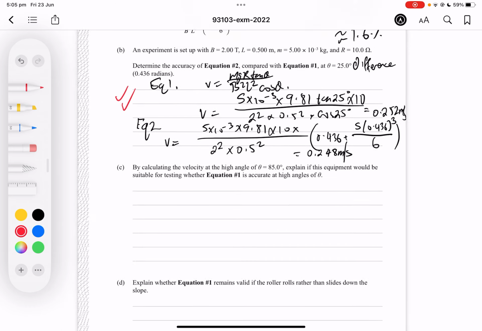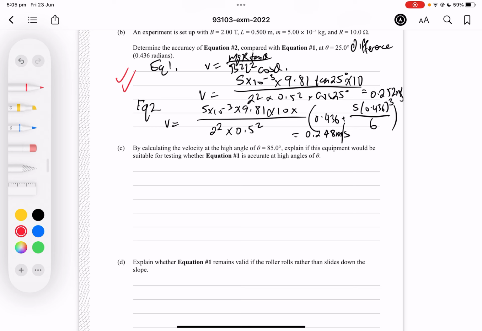Okay. By calculating the velocity at a high angle of theta equals 85 degrees, explain if this equipment would be suitable for testing whether equation 1 is accurate at high angles of theta. For this question, we'll just calculate the velocity.